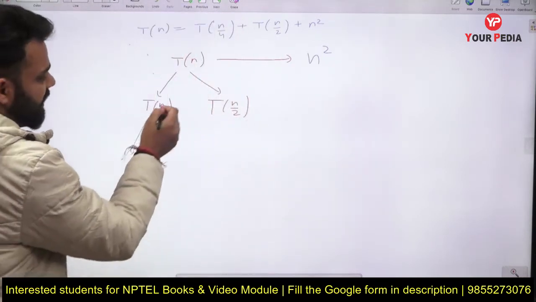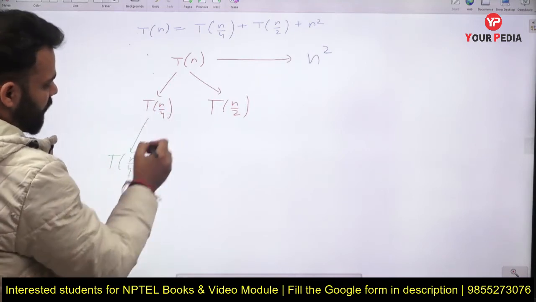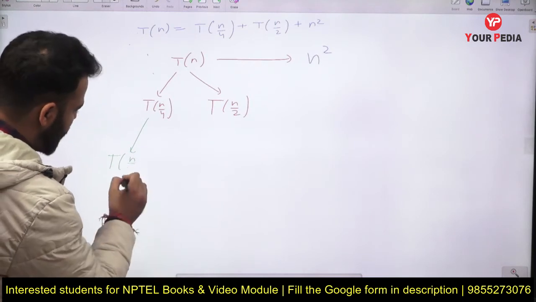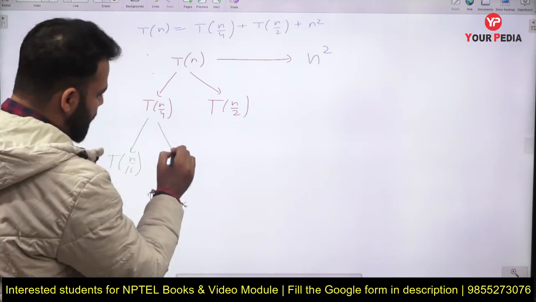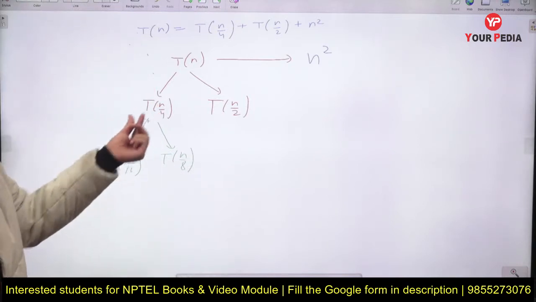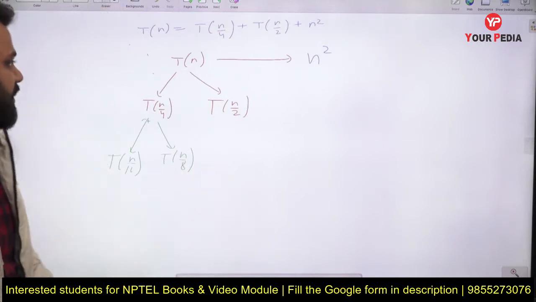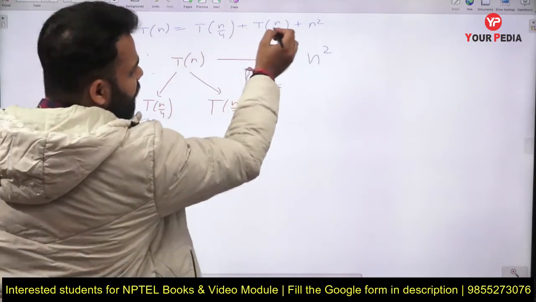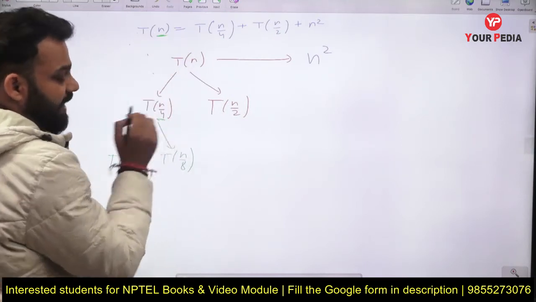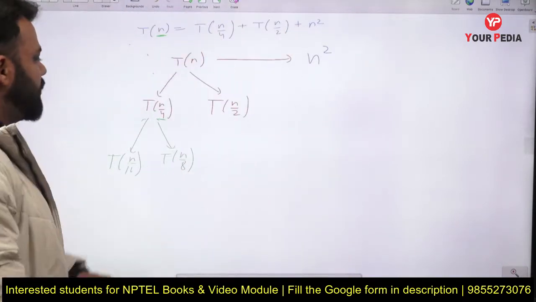So if you divide n by 4, by 4 will give you 16 and by 2 will give you 8. N by 4 into 4 is n by 16, n by 4 into 2 is n by 8. You are dividing by 4 and dividing by 2 the original n element, and if the original is n by 4, you are dividing n by 4 by 4 and n by 4 by 2.